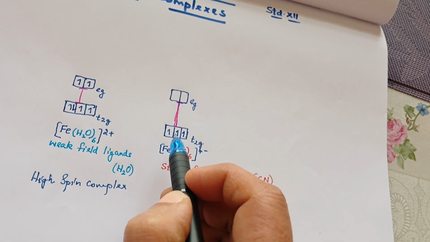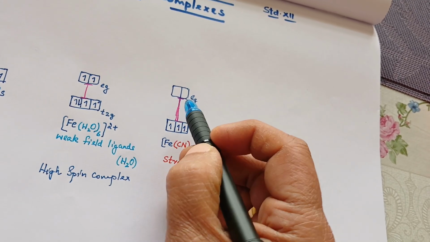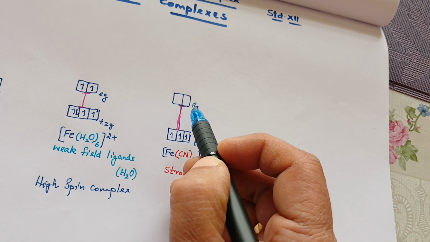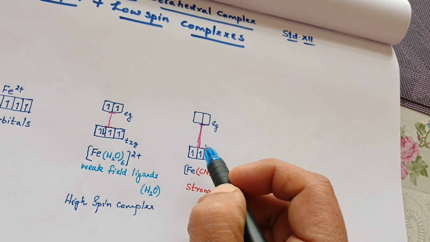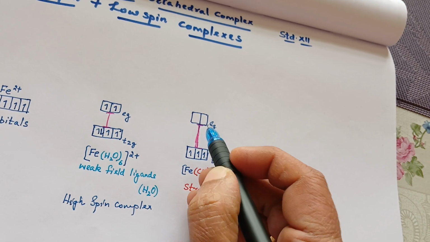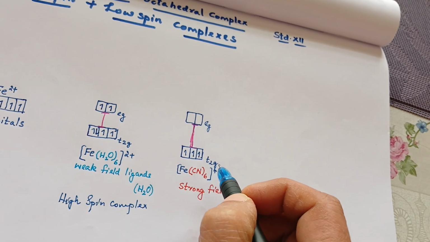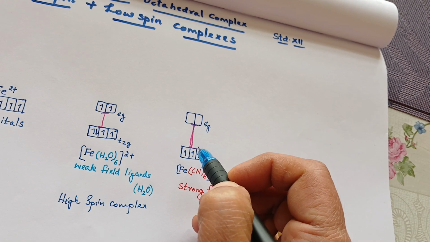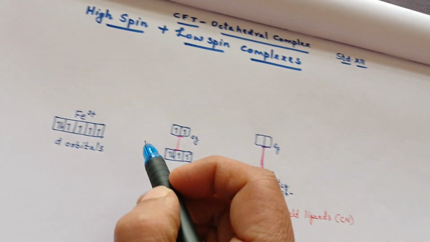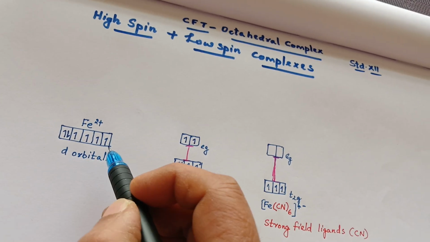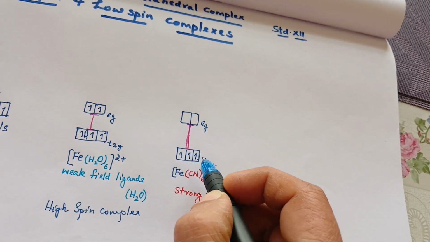3 electrons are here. But if the next electron is to go to the EG set, it will have to make a big jump. That is, the difference in the splitting energies is too large for the electron to go there. So what will it do? Now we have 3 more electrons left. There were 6 electrons, 3 are here.